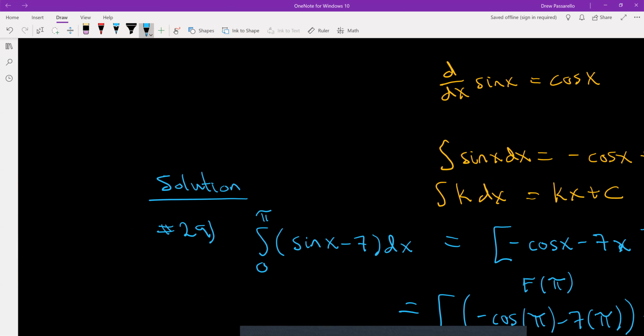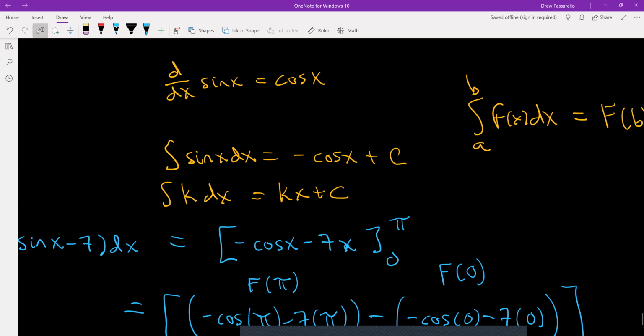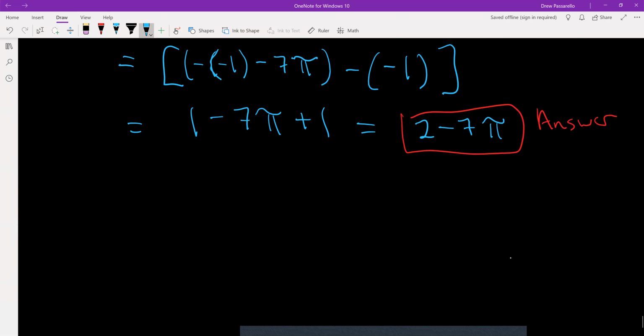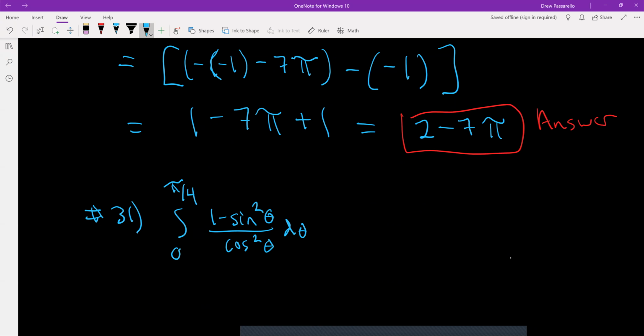The next one is number 31. So you have 1 minus sine squared theta over cosine squared theta.